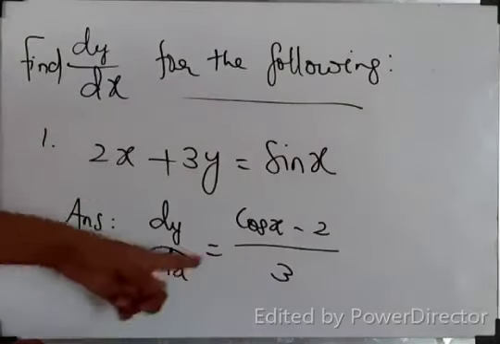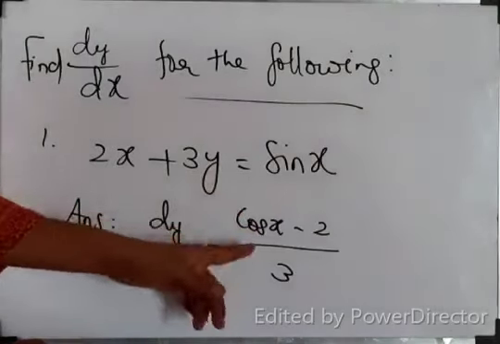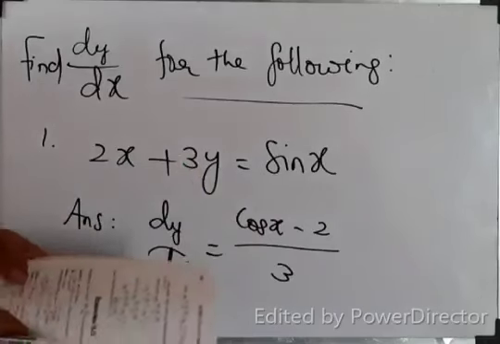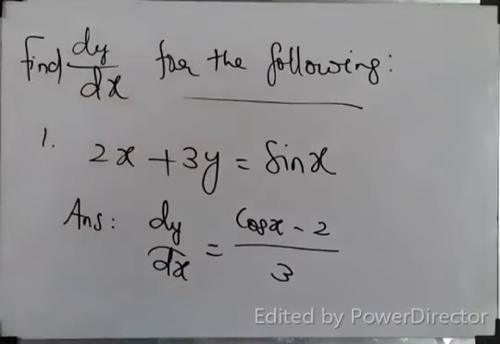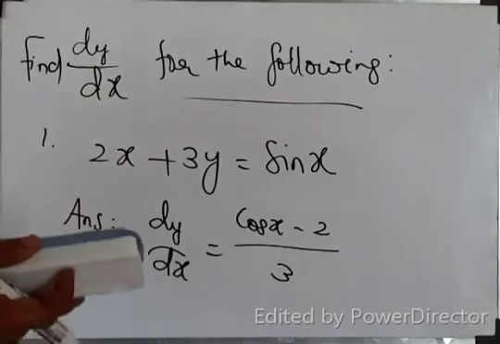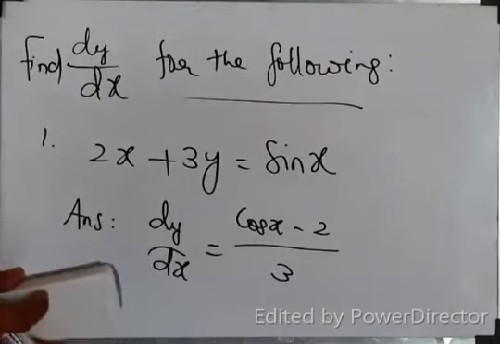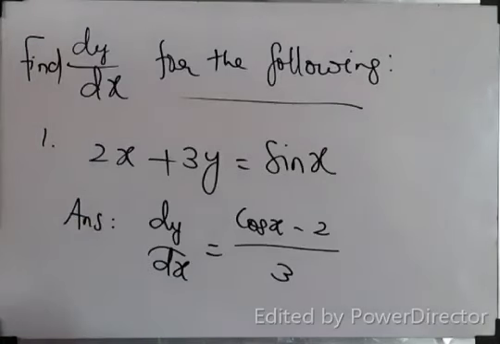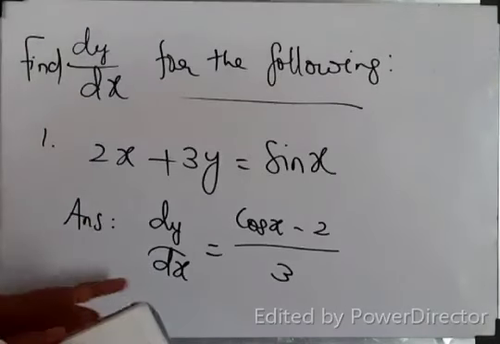I haven't derived the answer, and I don't know whether this answer is right or not. I am just writing the back side of the answer. So you try. If any question you are not getting, you tell me on WhatsApp. I will try and I will tell you the right answer.